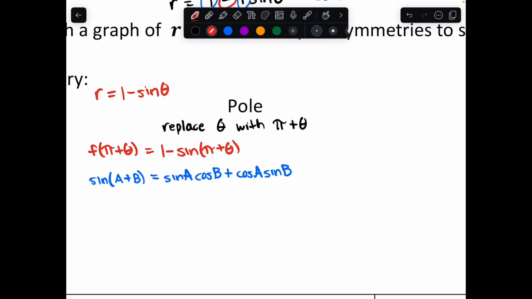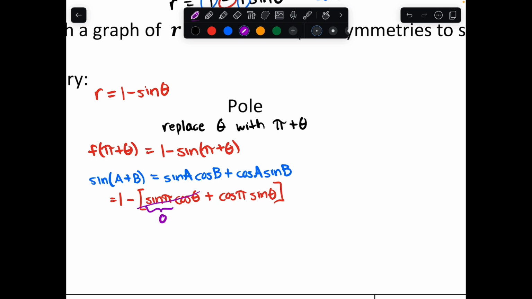So this then becomes 1 minus, in brackets, sine of pi times cosine theta plus cosine of pi times sine of theta. I put it in brackets because this negative sign is going to have to distribute to both of these pieces. Now let's see if we can simplify anything out. Sine of pi, what is that equal to? Well, sine of pi is equal to 0.